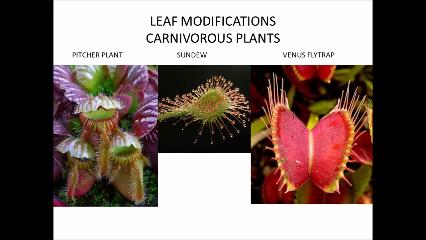So it would once again close over the insect and then digest the insect. Usually once one of these leaves has been spent, in the case of the sundew or the Venus flytrap, that's the end of that leaf. Whereas with the pitcher plant, those leaves might function to digest a number of insects over time.